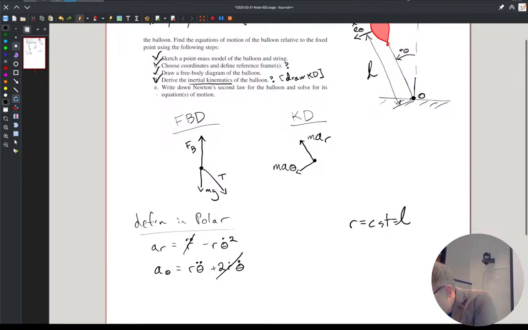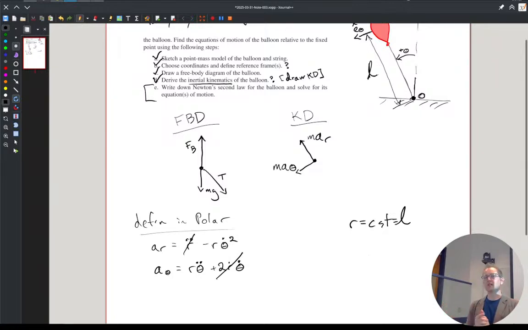So now we're at this step. We want equations of motion. How many equations of motion should we have in this? 2? I feel like it would be 2. 2 makes sense because we do have r and theta, and we do have a point mass.